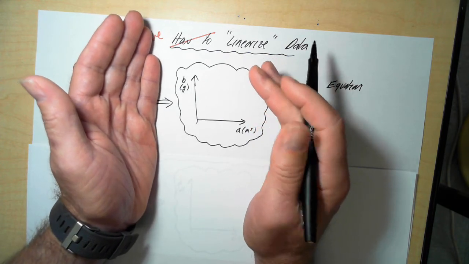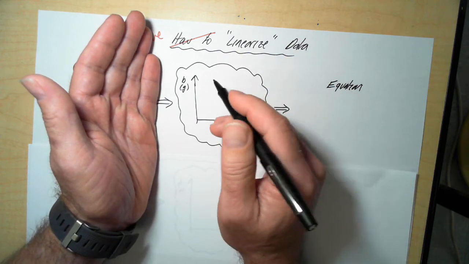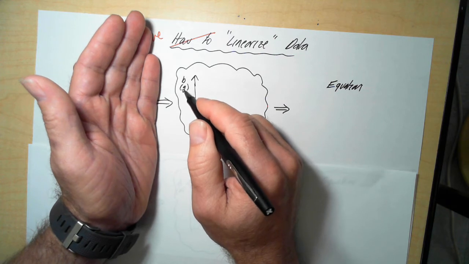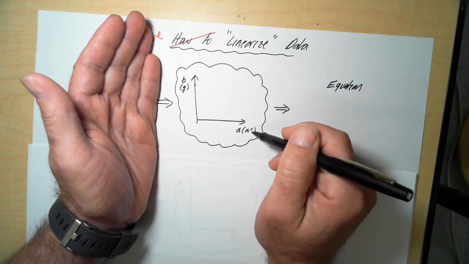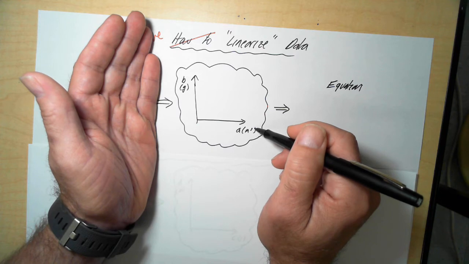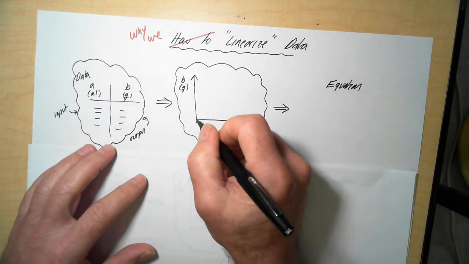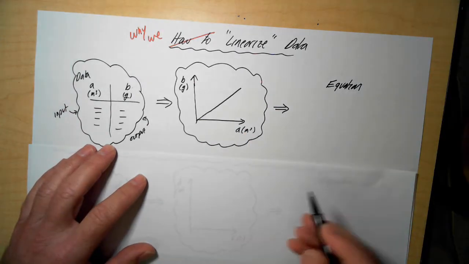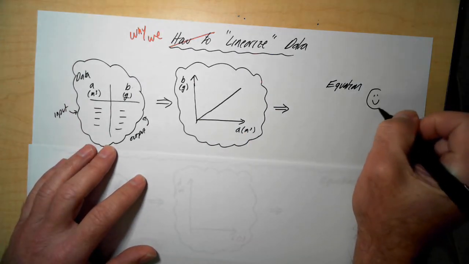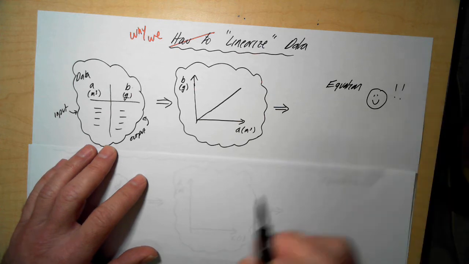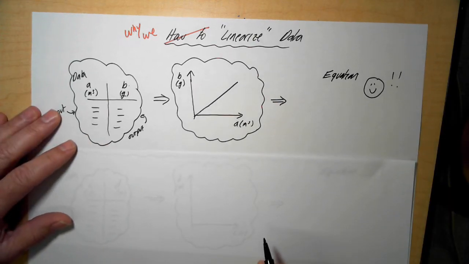We want to say, is there in fact a relationship between B, measured in grams probably, and A, measured in cubic meters? I don't know. We have to plot the data because that's what's going to tell us. Suppose you plot the data and you get a graph that looks like this, and suddenly you become super happy because you say, I know how to come up with an equation for this.